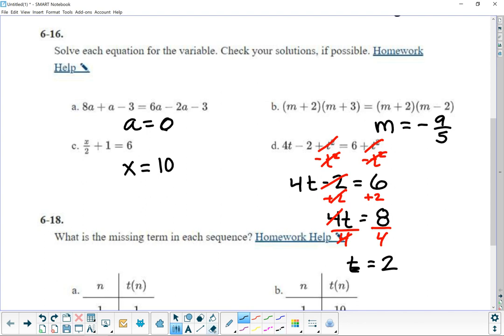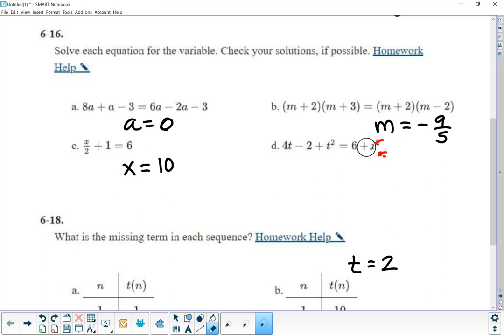From there, I'm going to write down that that's my answer. I also will not be checking this one. You can check it if you want.